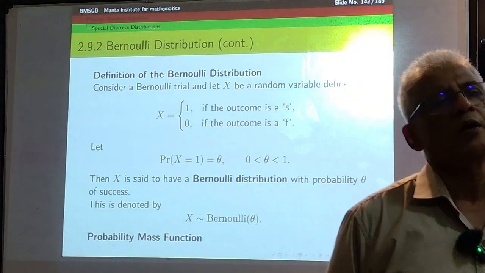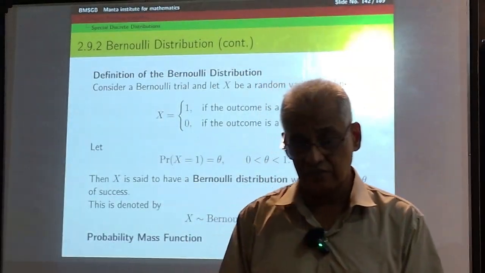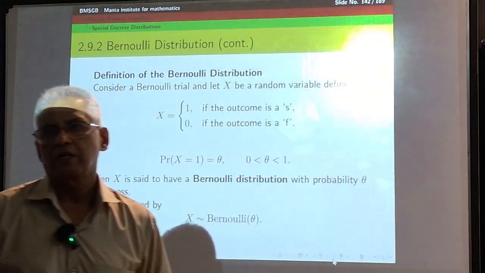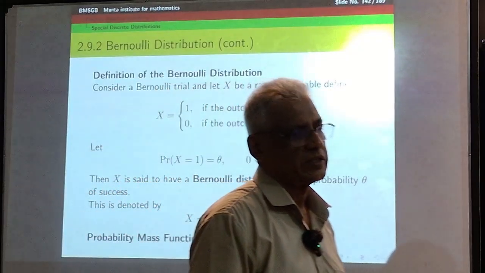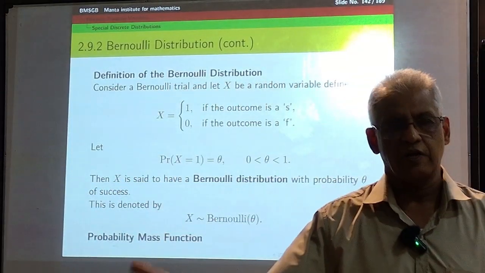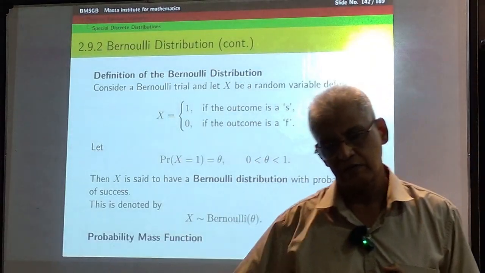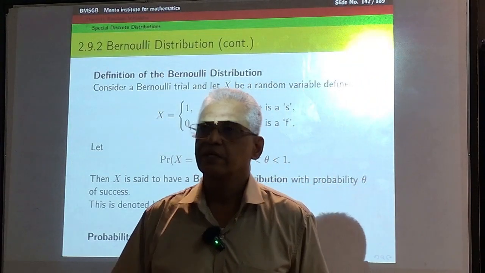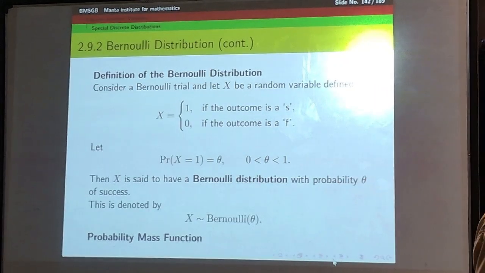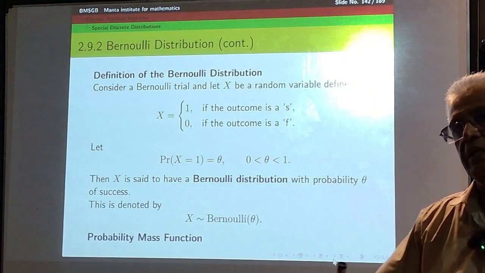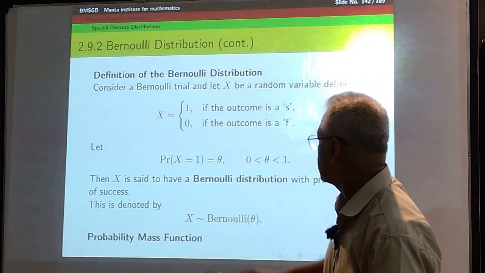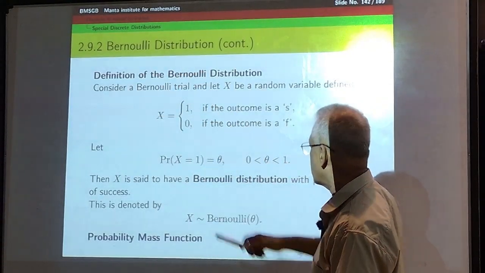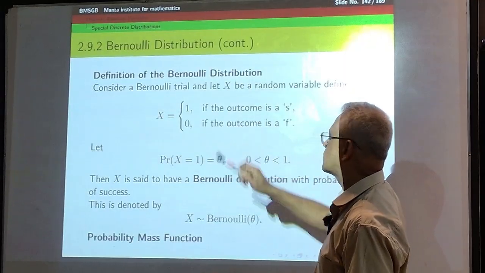So suppose, for example, in general, probability of a success in any trial is some value theta. Right? Not always they are fair coins or anything, but sometimes the probability of success can be some value and the probability of failure will be 1 minus that value. So generally, therefore, we denote the probability of a success by theta. So if you denote it like that, then we can say probability X is equal to 1, because when X equal to 1, the result is a success, so the probability X equal to 1 is theta.